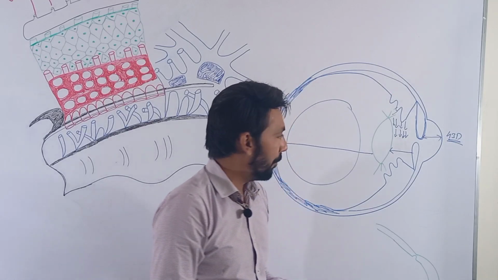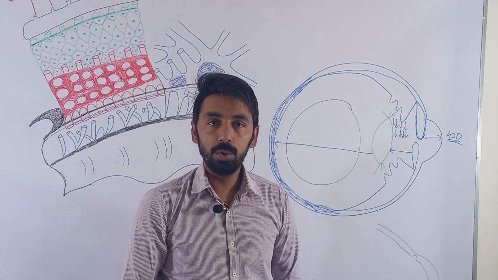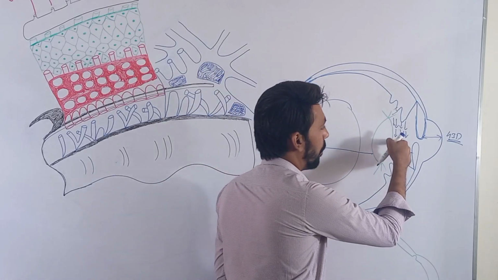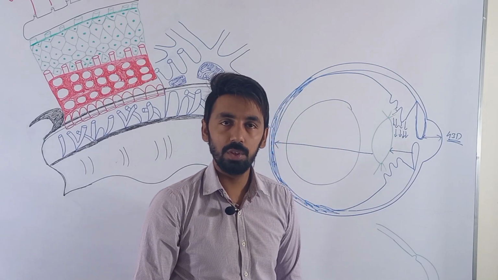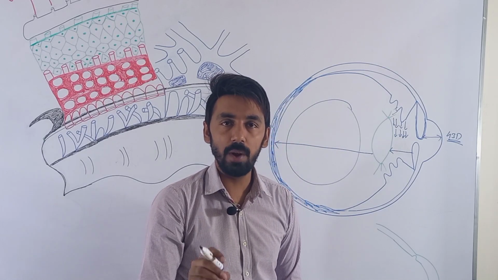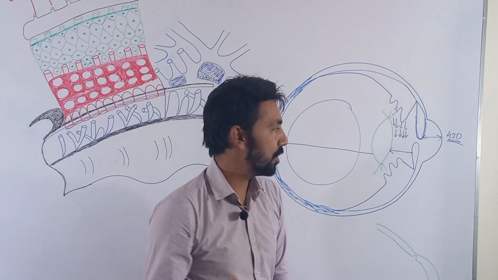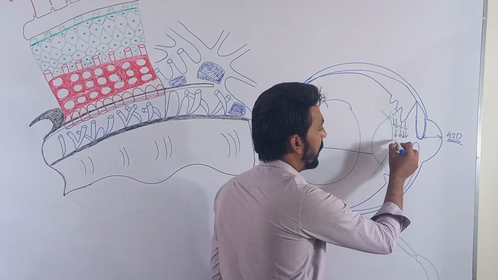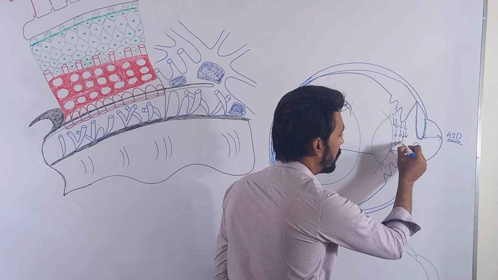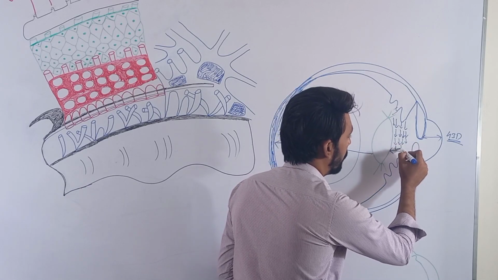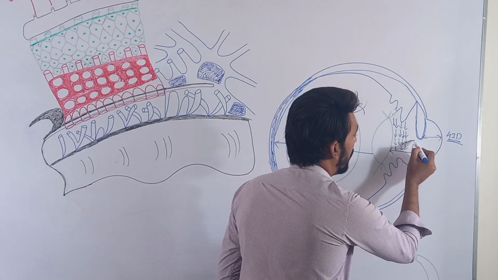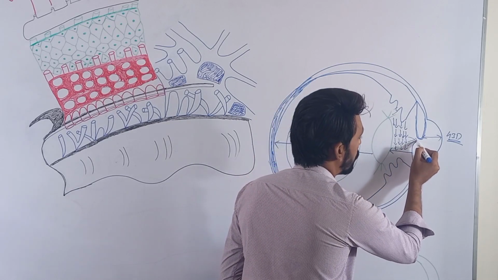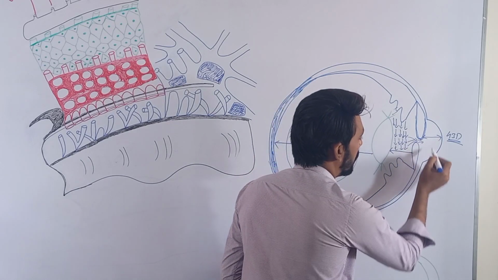So where is the aqueous humor produced? Actually in the posterior chamber, because the ciliary body is in the posterior chamber, and the ciliary body is the factor producing the aqueous humor. So the aqueous humor will be released here in the posterior chamber, and after filling the posterior chamber, it will move into the next room, which is called the anterior chamber.